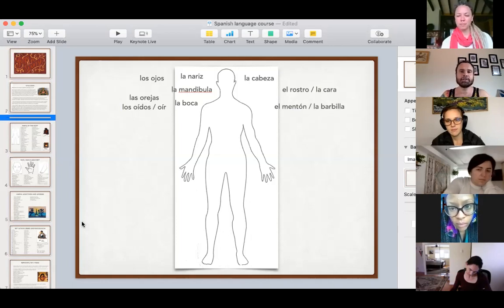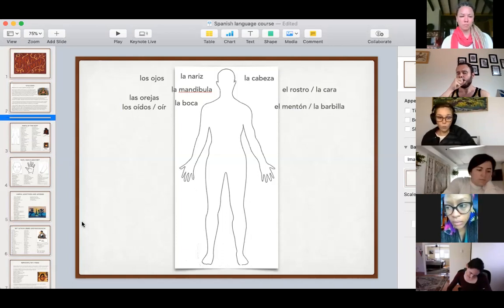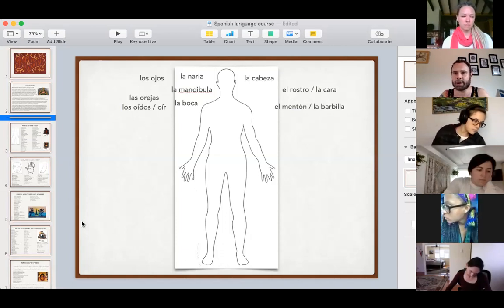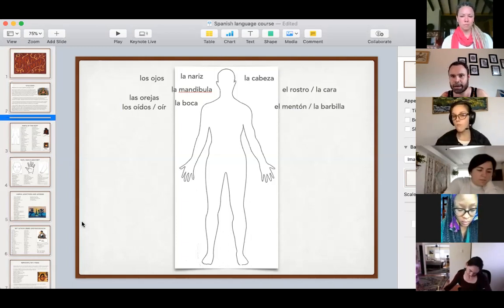That's correct. So there's a whole series of rules in Spanish about how words should be pronounced, and specifically about where the stress should go on any word. Because it's different to say mandíbula, mandíbula, or mandíbula. They all have different stress patterns.